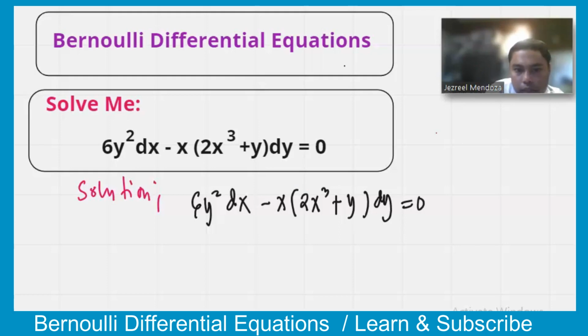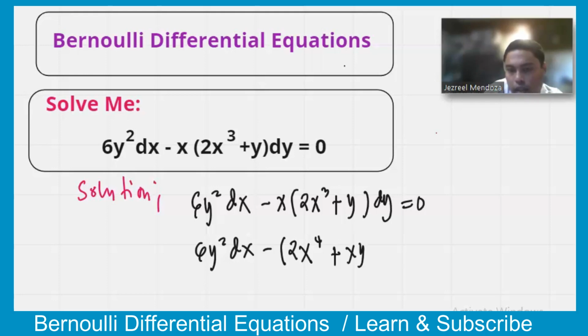We have 6y squared dx, let's copy that, minus x times 2x cubed, that is 2x fourth, plus x times y, is xy, dy is equal to 0.